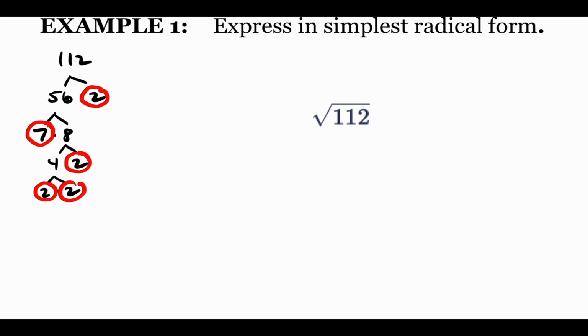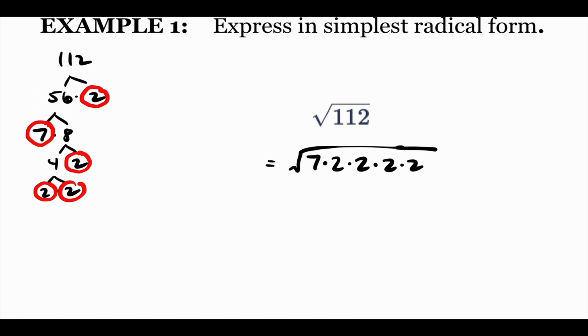Okay. So now I'm going to rewrite 112. But instead of 112, I'm going to write what its factor tree says. So I have a 7. And then I have 4 2s. Factor tree means multiplication.